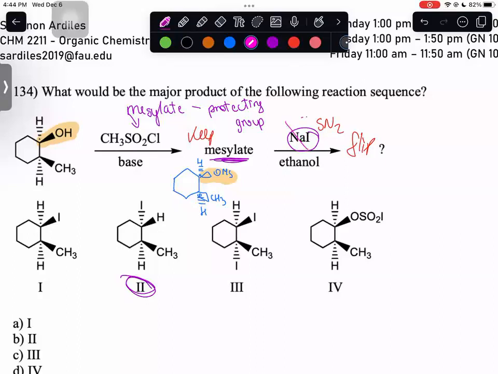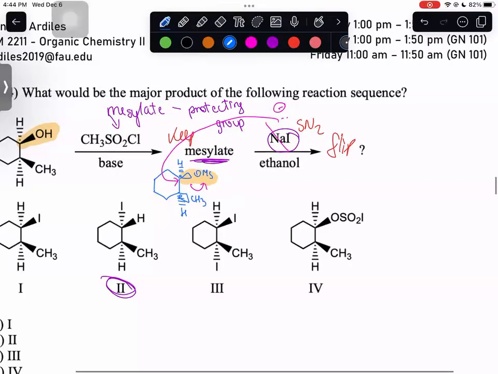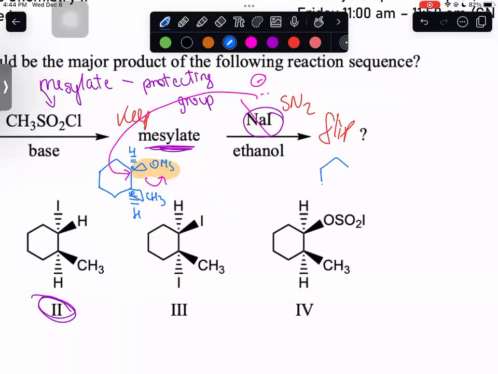We do SN2 because sodium goes away, you're left with iodine, which does the backside attack. The backside attack is changing things. So now I have my iodine here, hydrogen here. And then remember, the ones at the bottom, I never touch them. So stereochemistry is going to be preserved at the bottom.